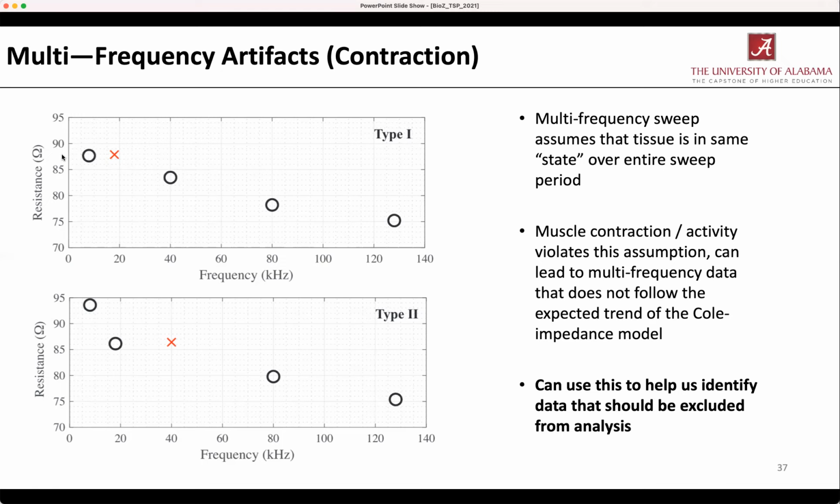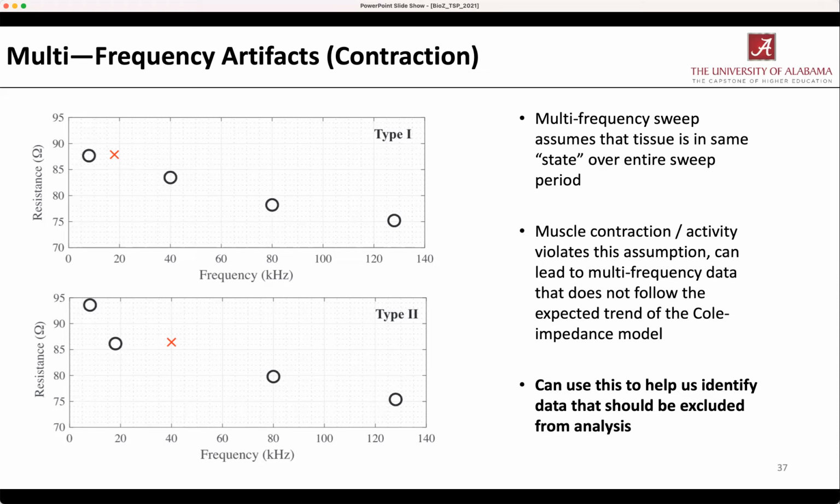Based on the Cole model fitting, we expect that the resistance is going to decrease with increasing frequency. The circles show that behavior. But in each of these sweeps we have a single X, where one of those data points violates that assumption. This can significantly alter the optimization fit of this data for the Cole impedance model parameters.